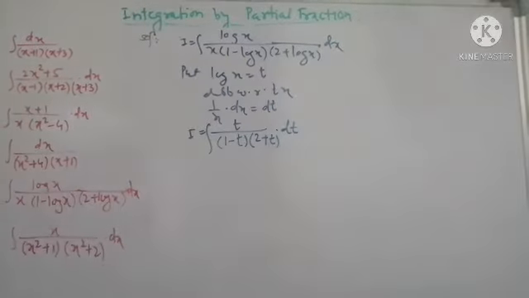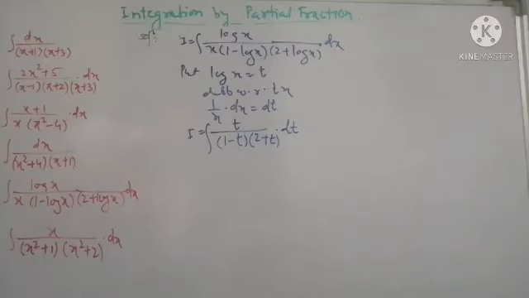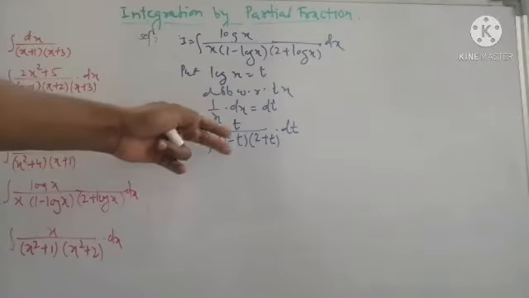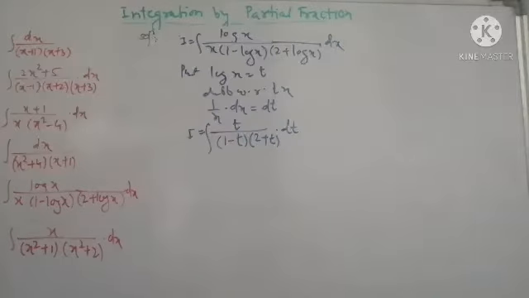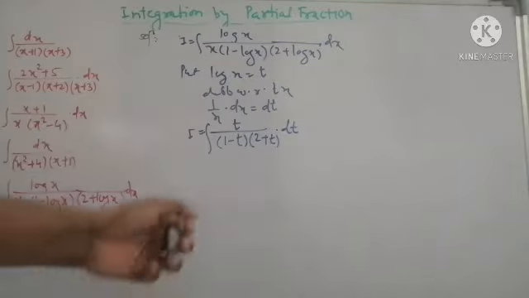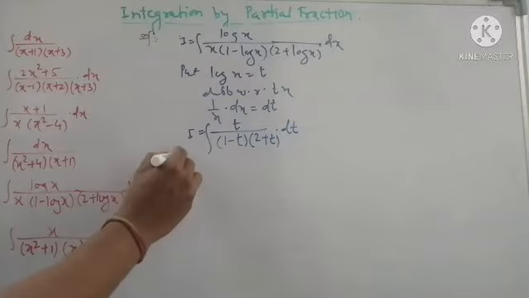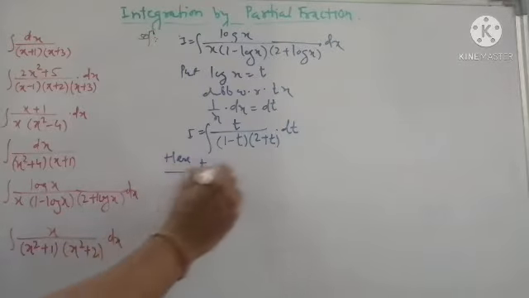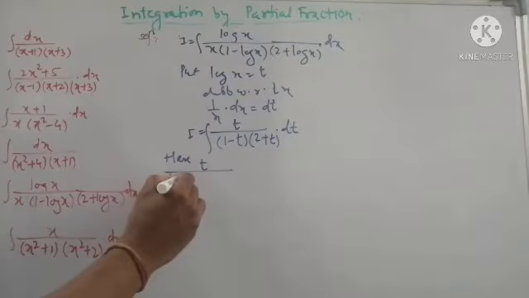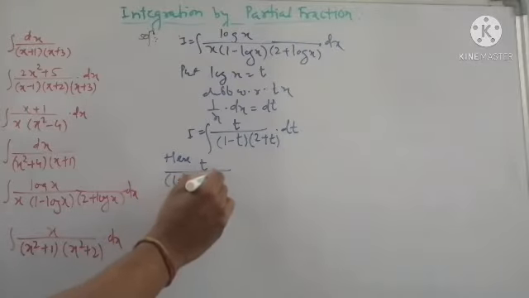So the substitution is completed. Now observe this integral, as this is again an integral containing a rational fraction with a factorized denominator, as there are two factors in the denominator. So here we take the fraction out of the integral, that is t divided by (1 minus t) into (2 plus t).